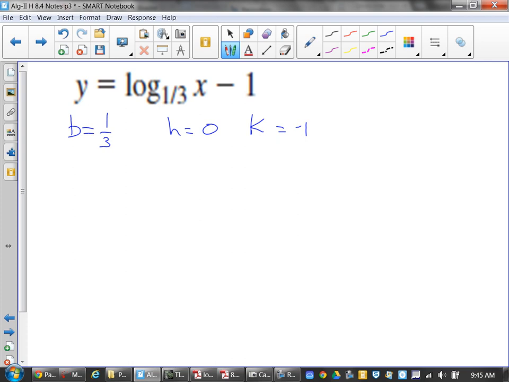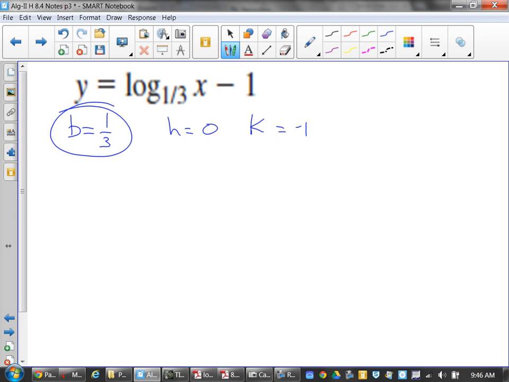As we get into this, what we want to do is figure out how we are going to create zeros and ones. What numbers are we going to pick? What we've got here is a base of 1/3, and I want to create a log value that's going to be easily simplified.